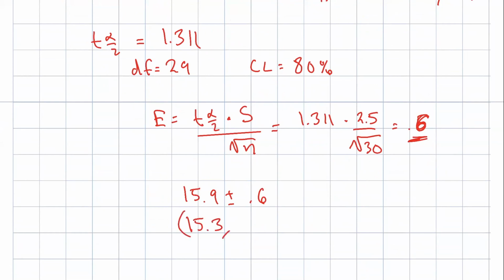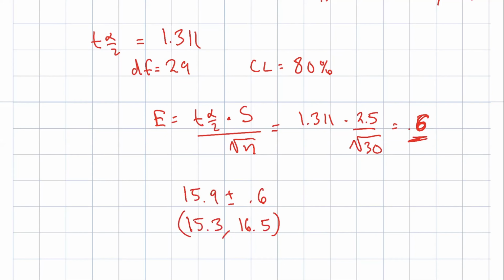If you do 15.9 plus 0.6, you get 16.5. So I'm telling you that the amount of shark attacks for the year is somewhere between 15.3 all the way to 16.5. And that's it for how to find the confidence interval for a mean.